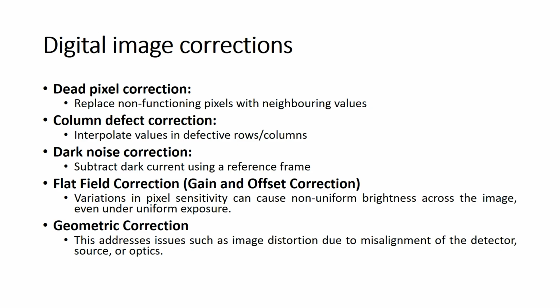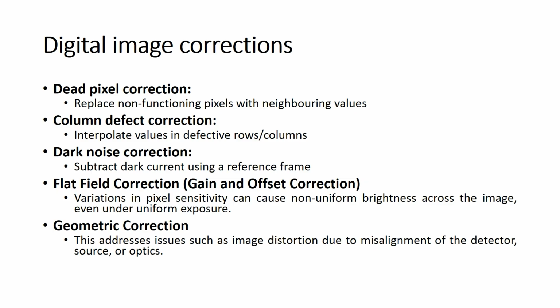Let us discuss digital image correction, because whenever you are viewing the image digitally, you have to correct the contrast, brightness, noise, gain, etc. in an image. For that you need to know some terminology used in digital image correction, like dead pixel correction.